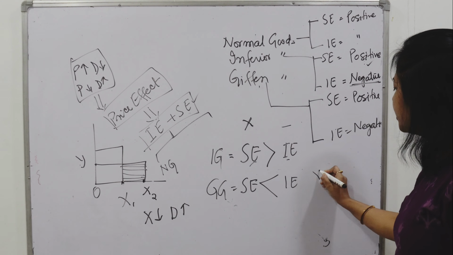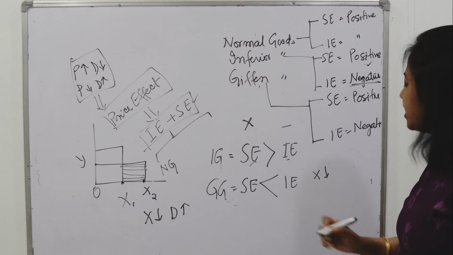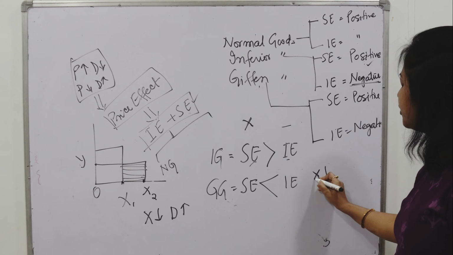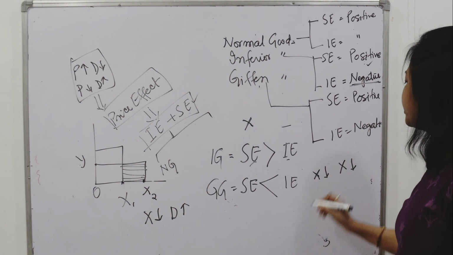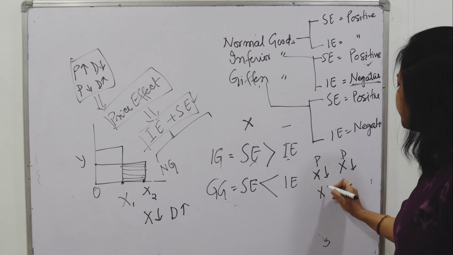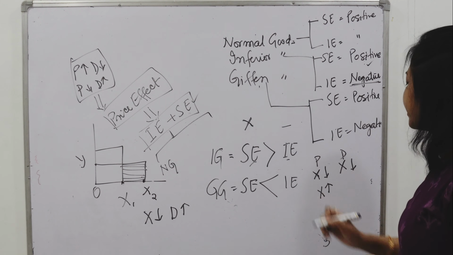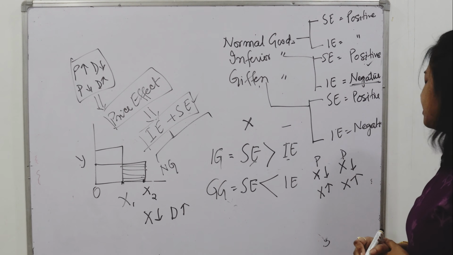When the price of the inferior commodity falls, you will have the demand for the commodity X also falling. When you have demand and price, when the price of commodity X rises, you will have the demand for that commodity also rising.